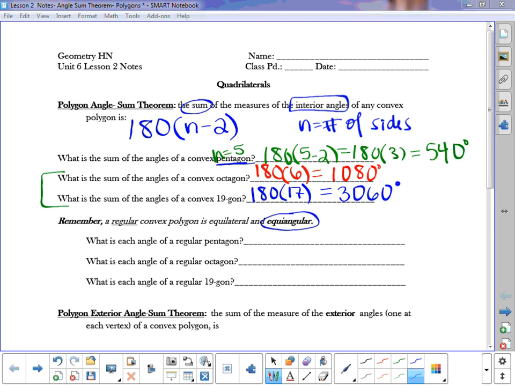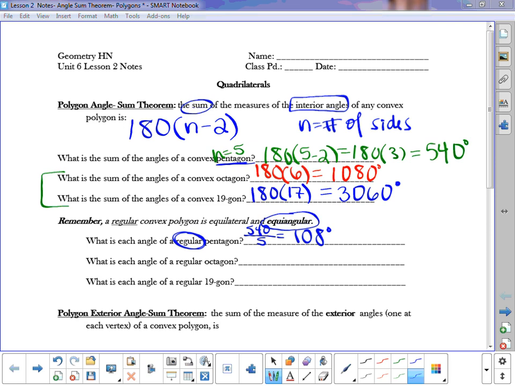Good. So I know for a pentagon, what's the total sum for a pentagon? 540. So I can take 540, and if there's 5 sides, we know there's 5 interior angles, and just divide by 5, because they're all the same since it is a regular pentagon. And let's see, 5 goes into 500 once, 5 goes into 40, 5 goes into 48 times.